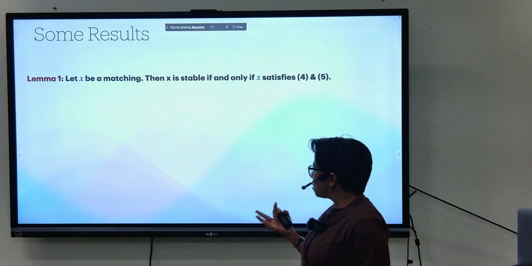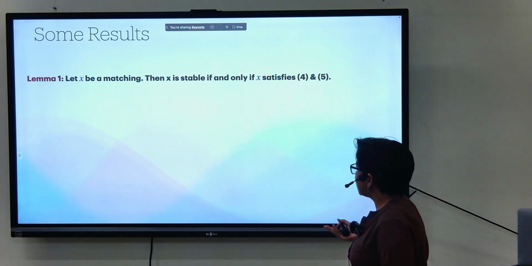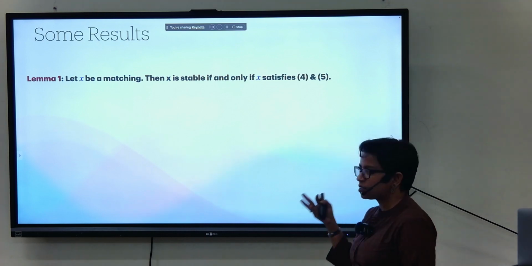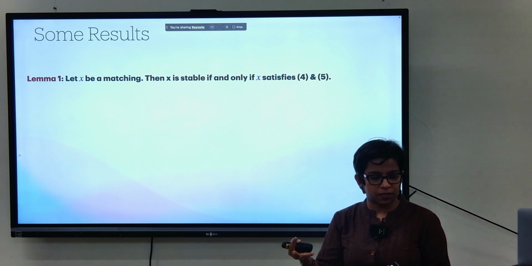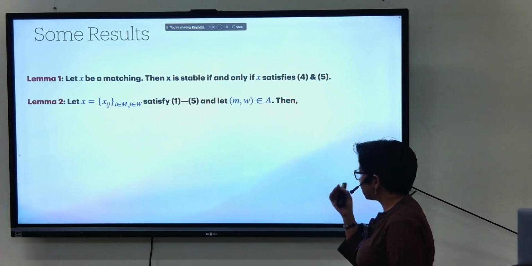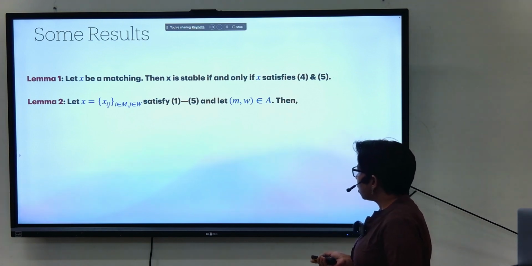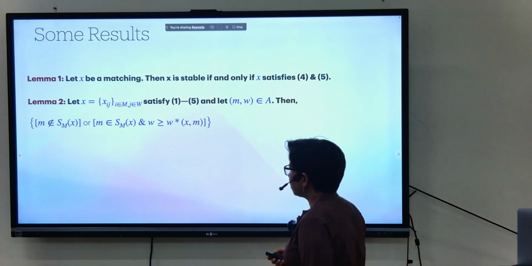So let X be a matching as defined before. We can easily see that X is stable if and only if X satisfies 4 and 5. 4 is the unacceptability condition, if you're not acceptable, it's 0, and 5 is the blocking pair condition that we just now discussed. Now we can say something more.